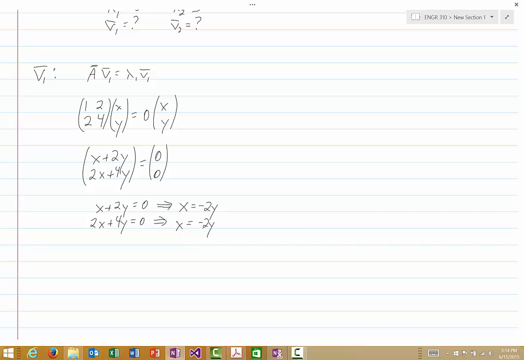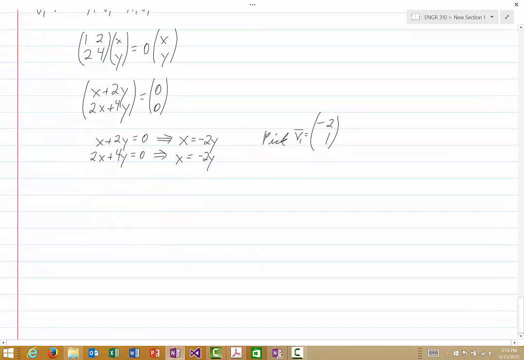So let's just pick something easy. We'll pick negative 2, 1. Because certainly for the vector negative 2, 1, and that's V1, it is true that x is equal to negative 2 times y.